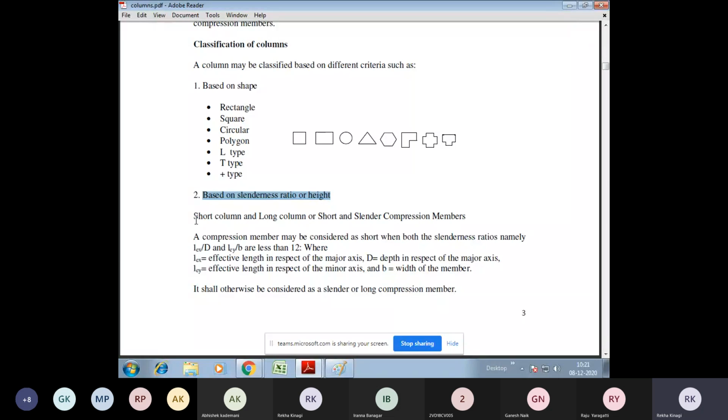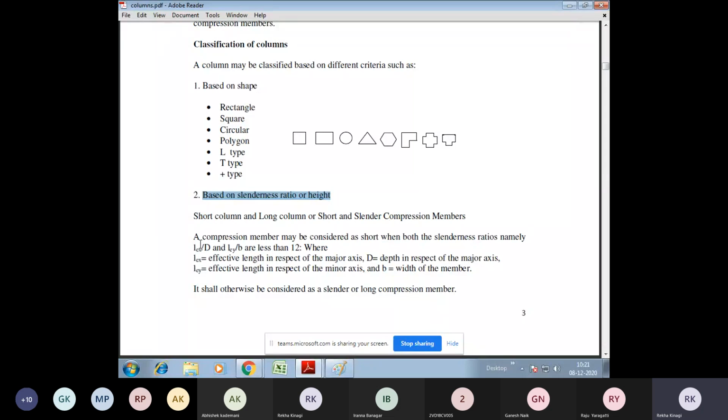Either we can say that the column is short column or long column, or else we can say short column or slender column. Long column means it is slender column.